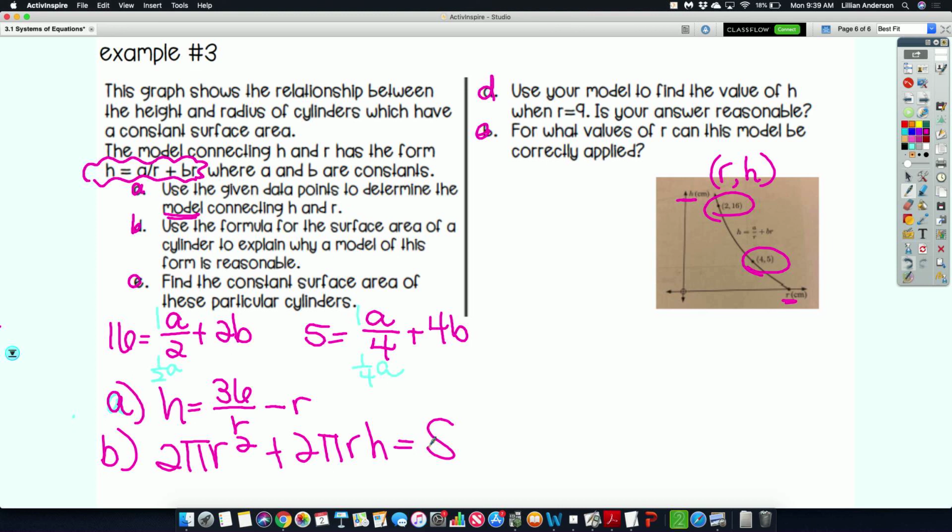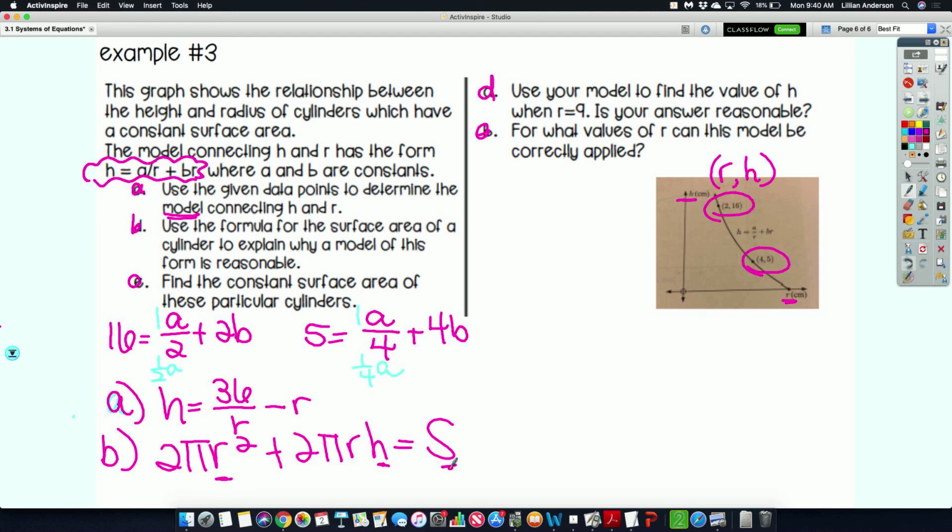Have we ever dealt with an equation up to this point in your math career where you've had 3 variables and only 1 equation? No. You've done 1 equation with 2 variables. So, since I have 3 variables here, I have an r, I have an h, and I have an s.